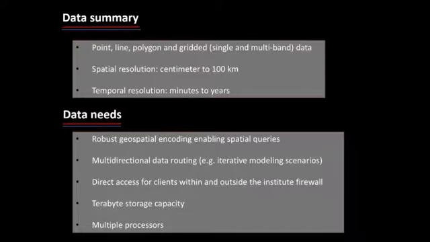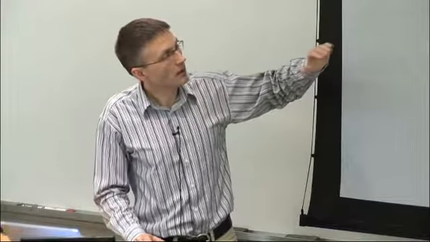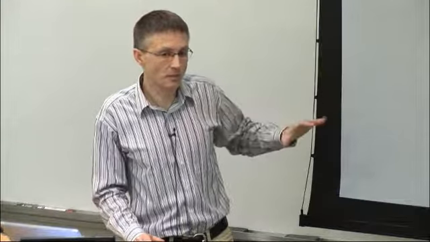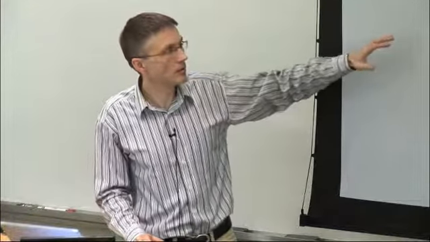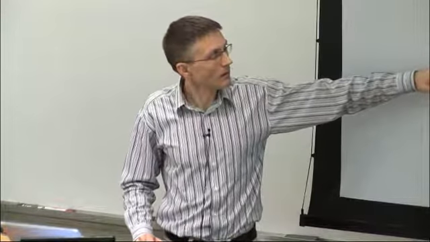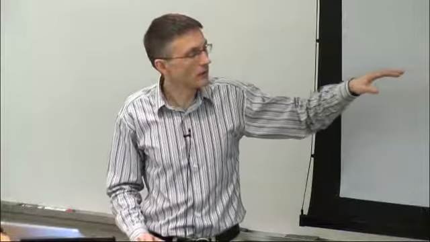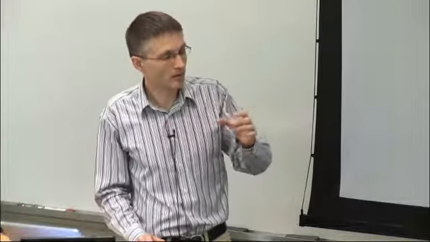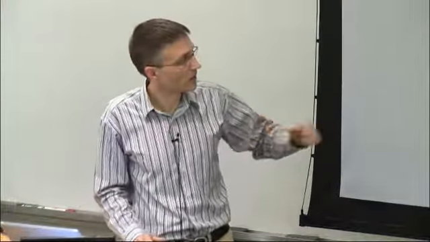Okay, so getting into the more computational part of the talk, what do we need to handle all this information? Everything I've shown you has a geospatial encoding to it, so we need to be able to do spatial querying. We need to be able to route our data iteratively. Some of our models require that we send the model output back in and do iterative model runs.